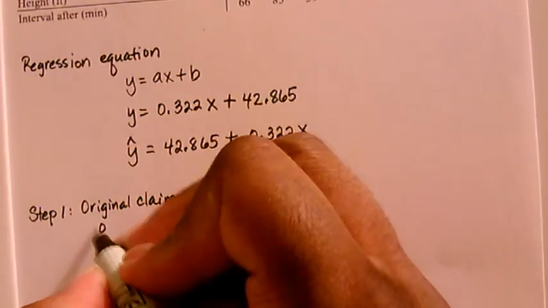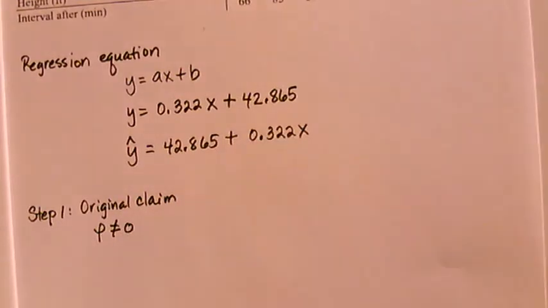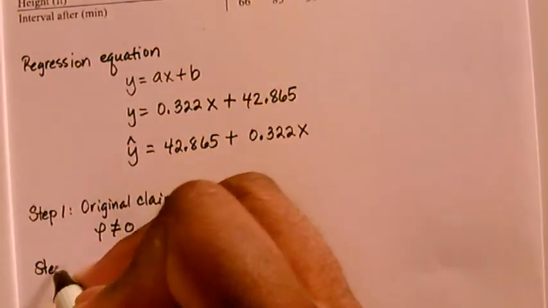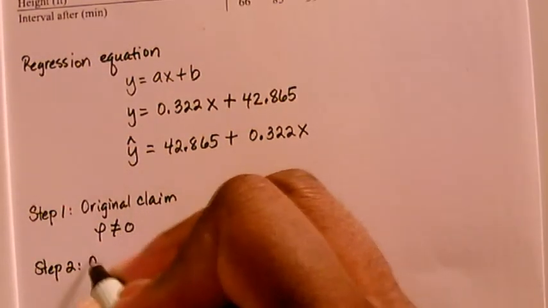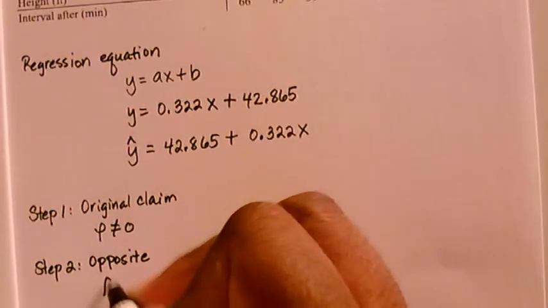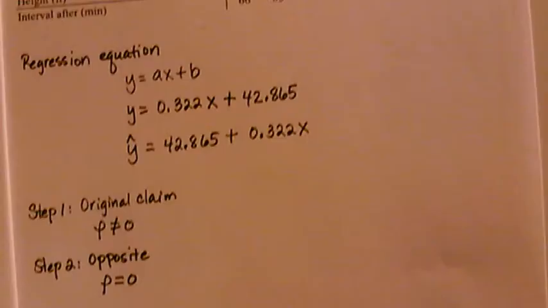In this case, we say rho is not equal to 0. That means that there is a linear correlation between the two variables, height and interval after. Step number 2 is the opposite of the original claim, where rho is equal to 0.